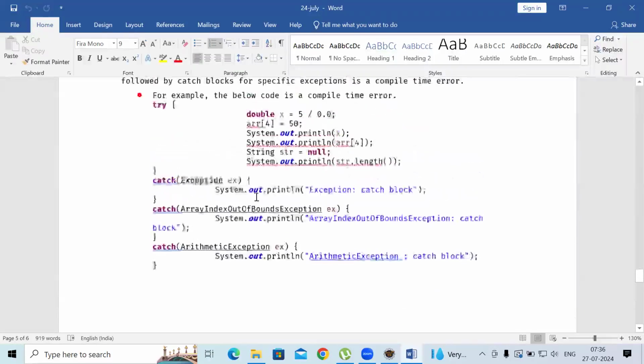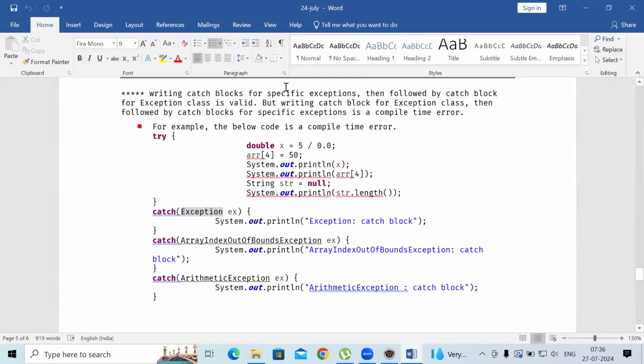I told you in the last class that writing catch blocks for specific exceptions, followed by a catch block for the Exception class, is valid. But writing a catch block for the Exception class first, and then followed by catch blocks for the specific exceptions, will give you a compile time error.